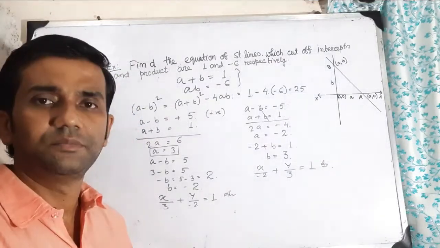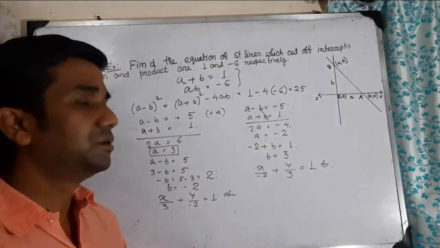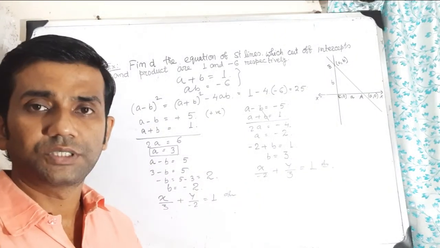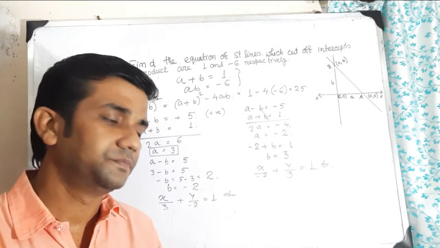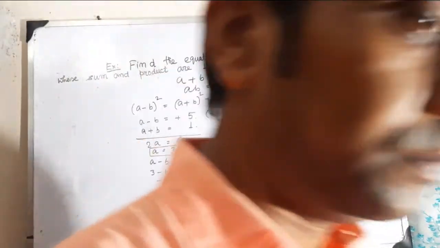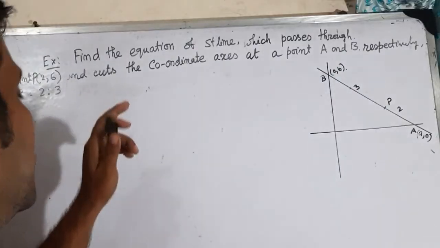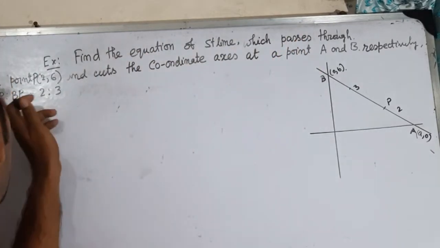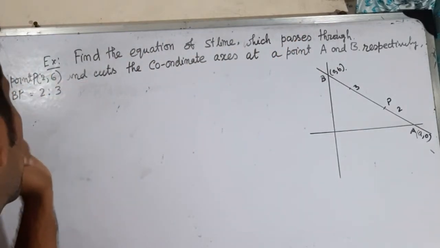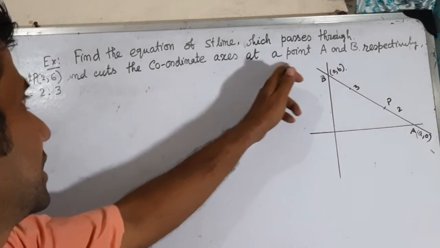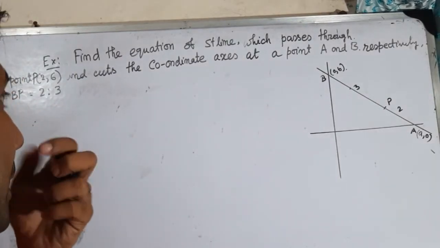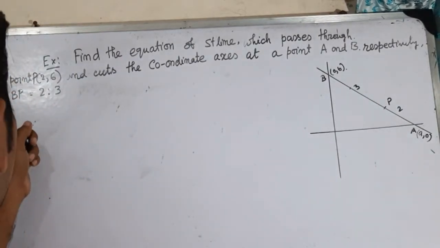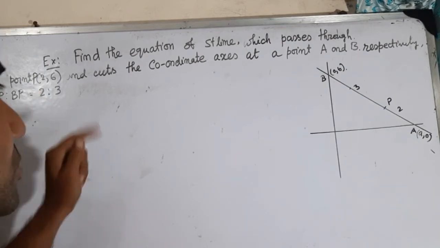Okay, it is a very simple sum. Now we proceed to the next example. The next sum is: find the equation of the straight line which passes through the point P 2, 6 and cuts the axes at the points A and B respectively such that AP is to BP is equal to 2 is to 3.